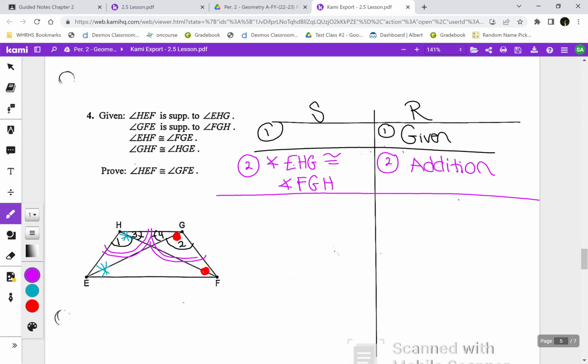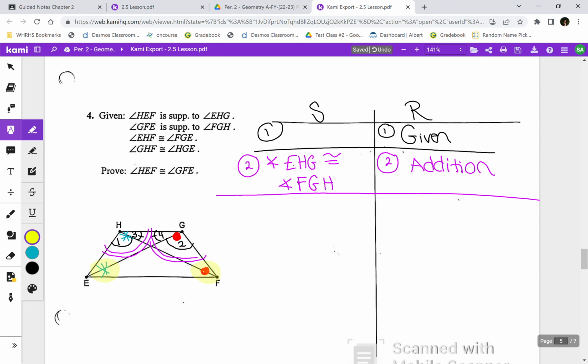This helps us. Why does it help us? Well, let's look at what we want to prove first. We want to prove angle HEF, so we want to prove that this angle and this angle are congruent.